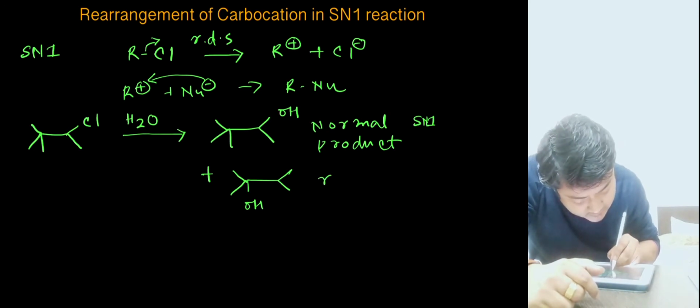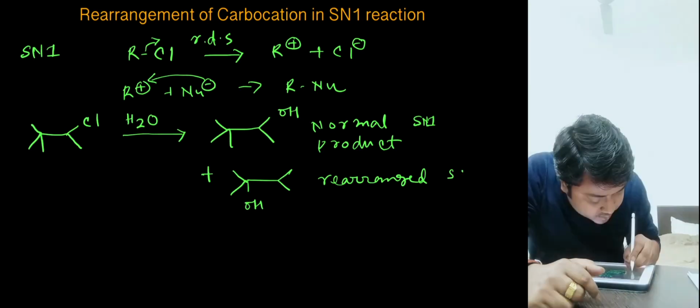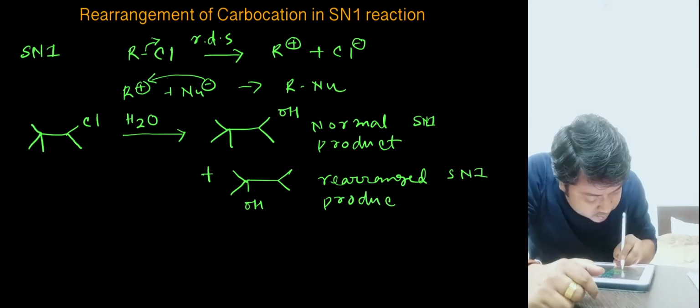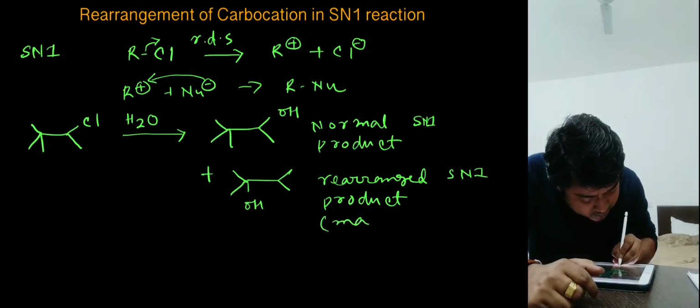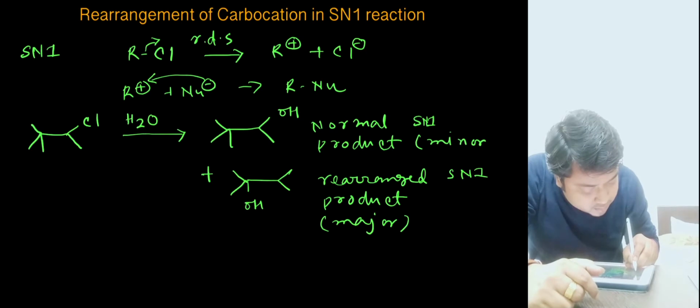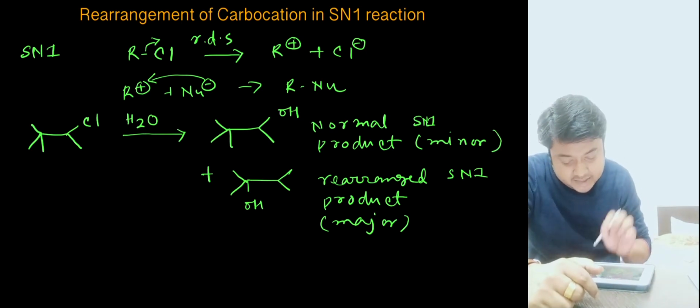And this is the rearranged SN1 product. This is the major product and this is the minor product. Let us understand the mechanism of this reaction.